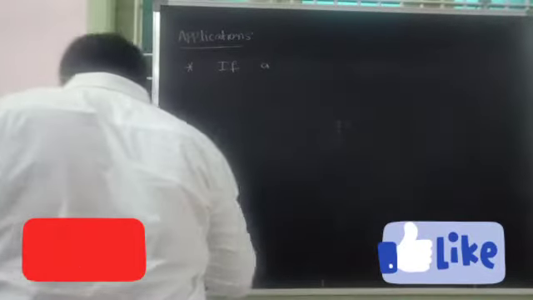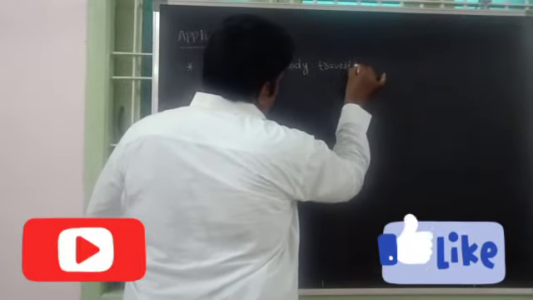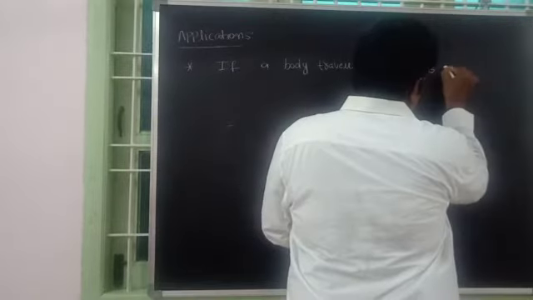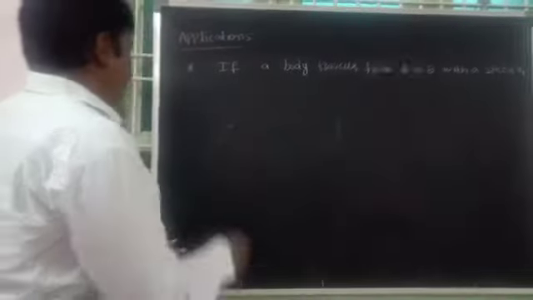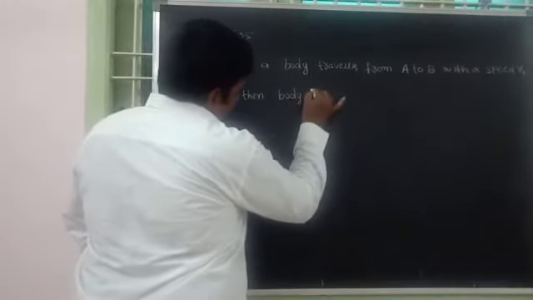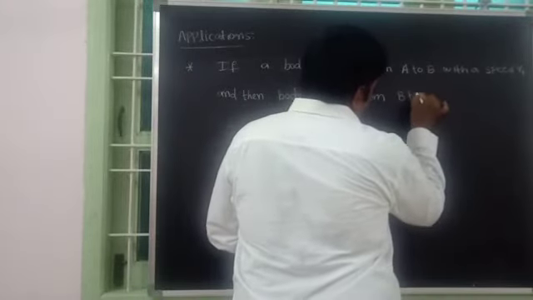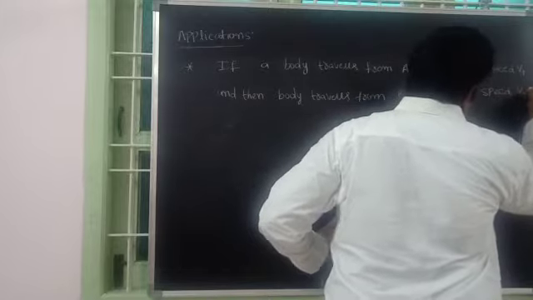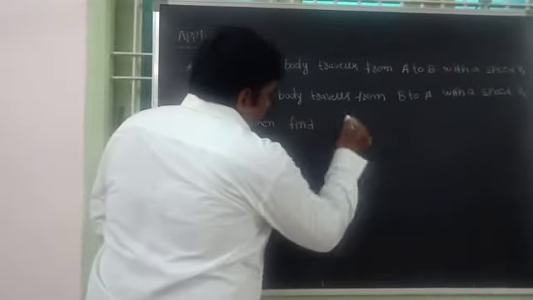If a body travels from A to B with a speed v1, and then the body travels from B to A with a speed v2, find the average speed.